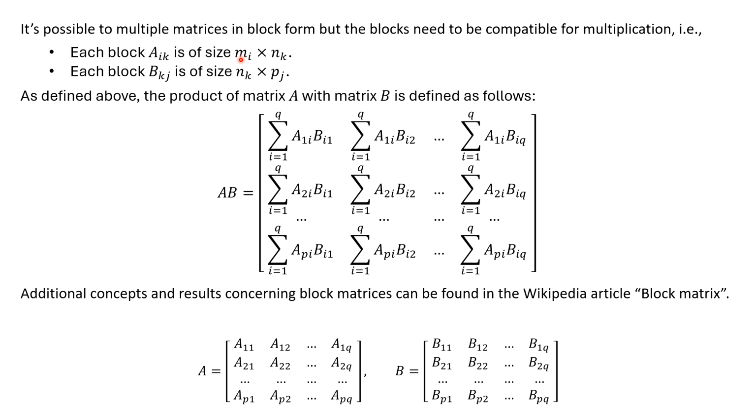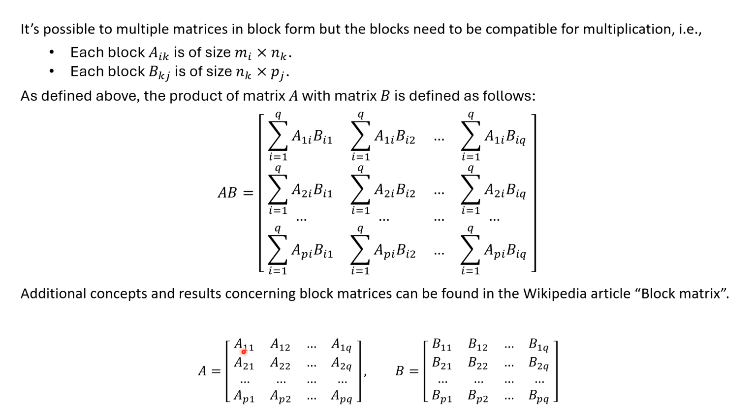A_IK needs to be of size M_I by N_K, and B_KJ, notice the indices are inverted, needs to be of size N_K by P_J. The key point here is these two parts of the dimension need to be the same. And then M_I and P_J could be any positive integers you wish. Under these conditions, we can multiply.